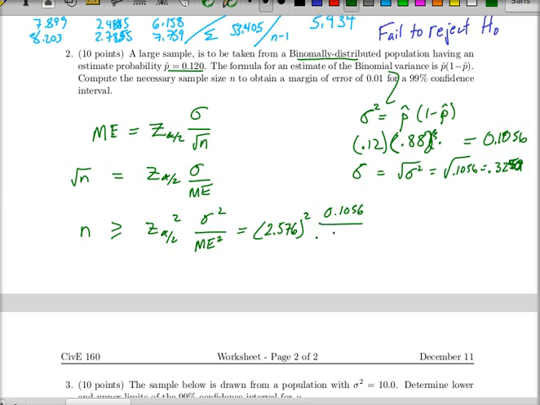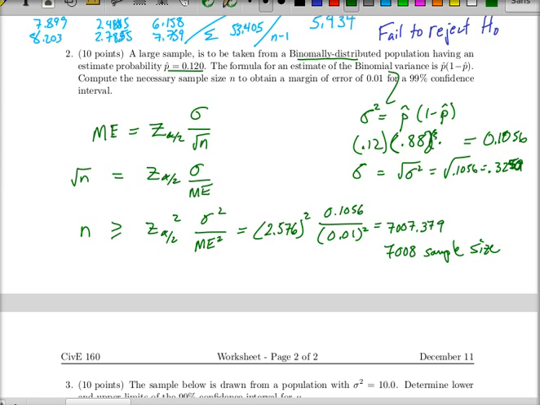And margin of error is 0.01 squared, which looks like it's going to be 2.576 squared times 0.1056 divided by 0.01 squared equals 7,007.379, or we'll just say 7,008 sample size.